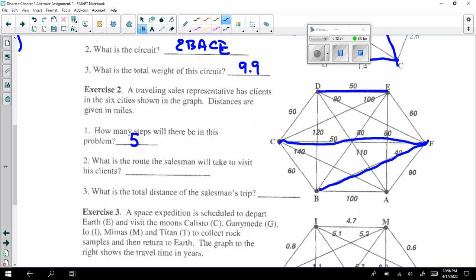All right. Now I can't connect this because that's going to give me 3. So my next thing would have to be 60. I can't do that one, but I can't do this one either because it closes this circuit.